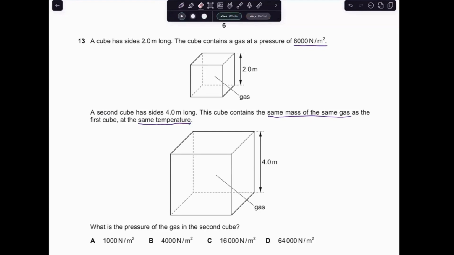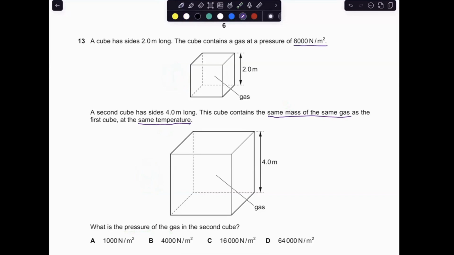Now clearly, this is a comparison between the first one and the second one. So if the mass of the gas is not changing, which it says here, then temperature is also not changing. The first thing we need to know is why would the pressure even change? What is the difference in the two cases? The volume.